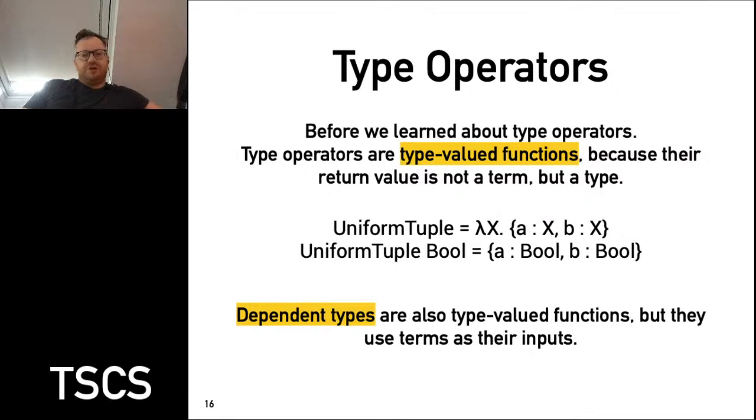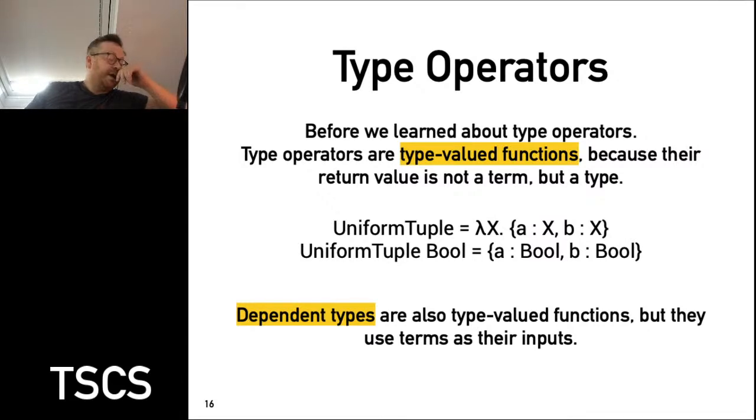Looking back at what we just learned, type operators are type-valued functions, because their return value is not a term but a type. So we call them type-valued functions. And dependent types are also type-valued functions, but they use terms as their input.